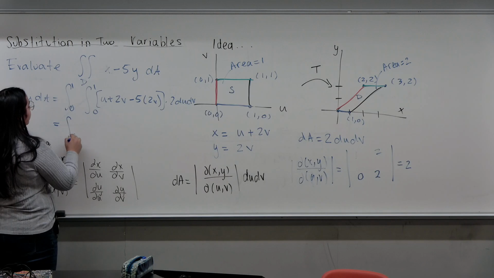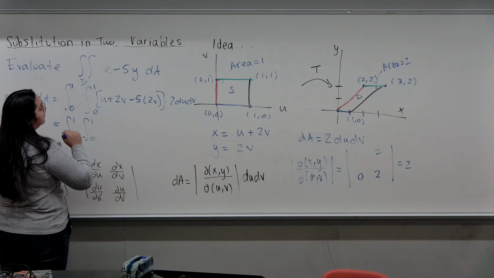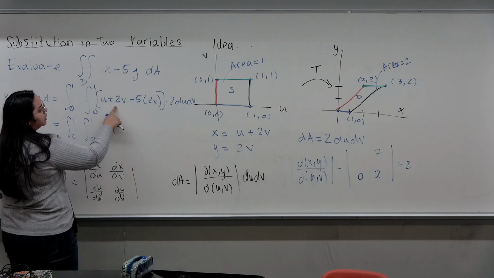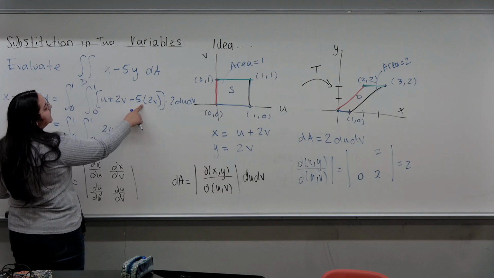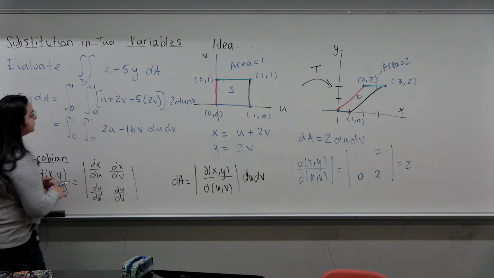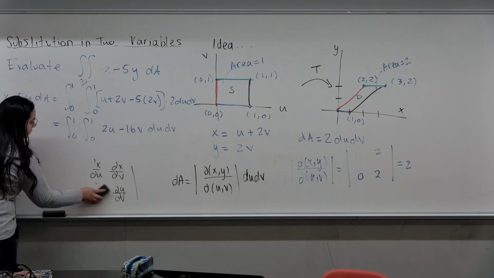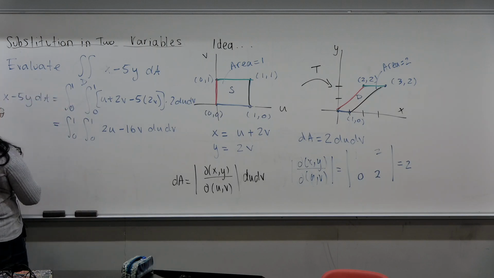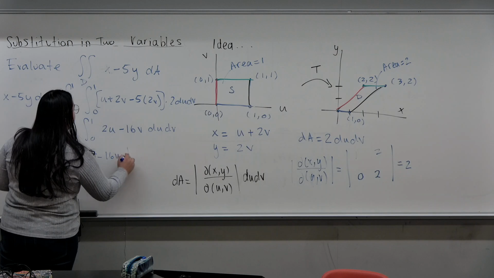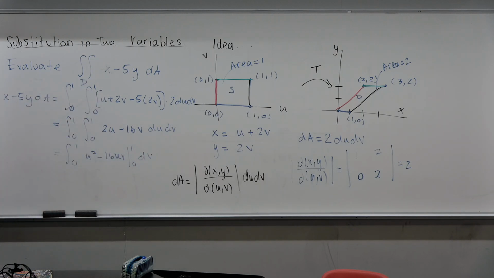Let's simplify this out. u plus 2v minus 10v, and then multiplying by 2, we get 2u after we multiply by 2, and then minus 8v times 2 is minus 16v. Now let's integrate with respect to u. Here we get u squared minus 16uv, and let's evaluate at the bounds. u is 1 and 0.